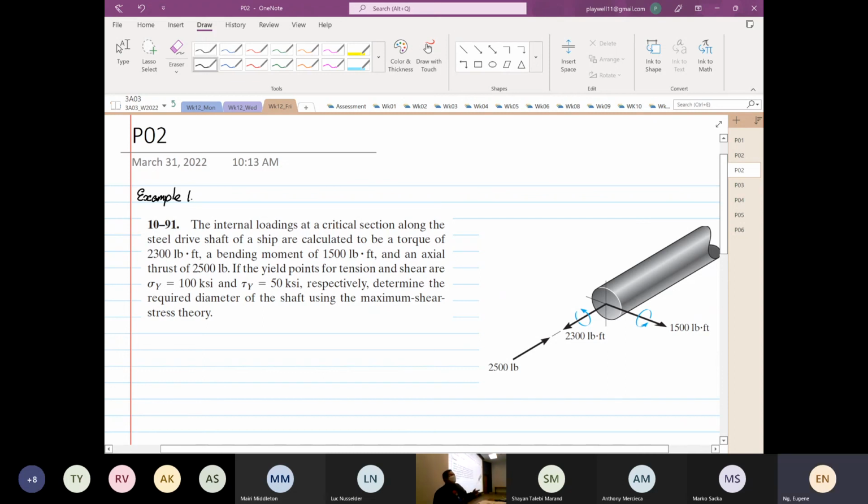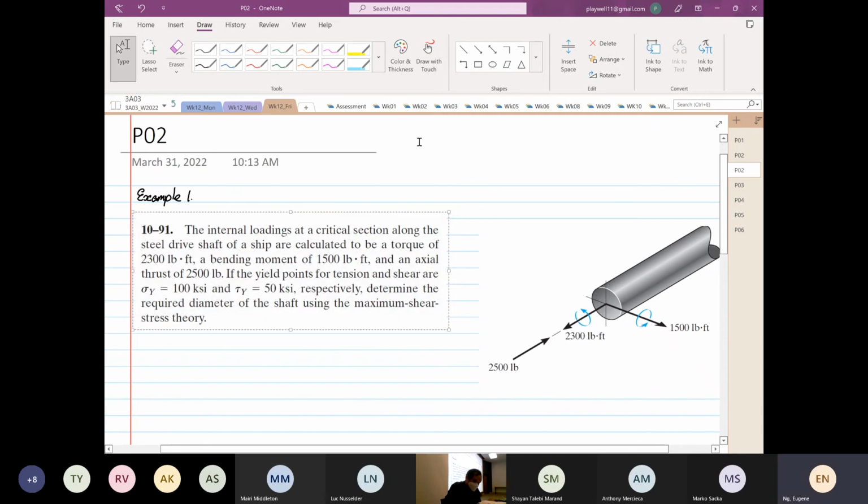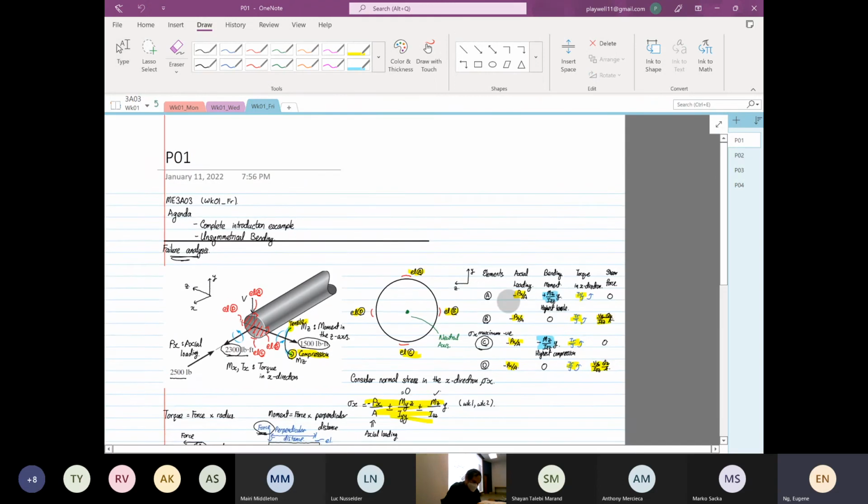If in a few years time you go to industry and you're going to design and analyze stresses in a product that you'll be making, you forget, go to this piece of paper over here. Okay, this spells it all. So if you look at this problem, it's exactly the same problem we did in week 1. There you go.